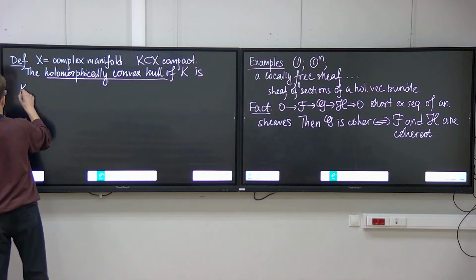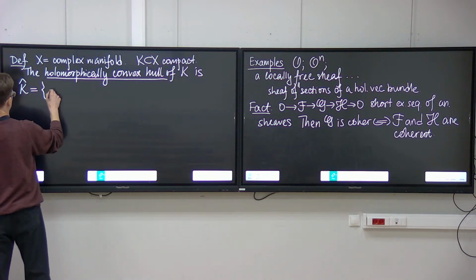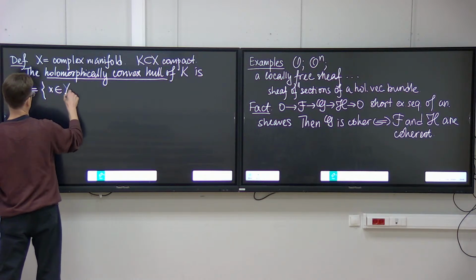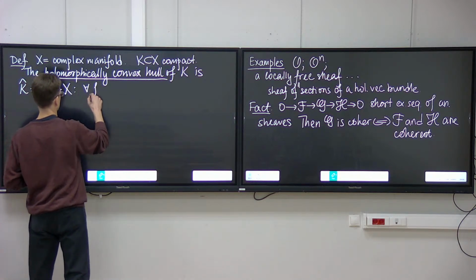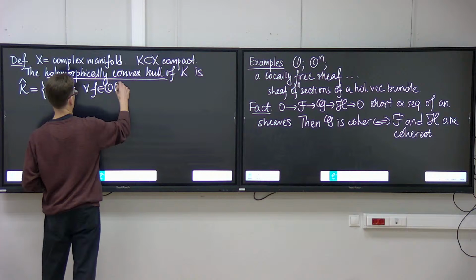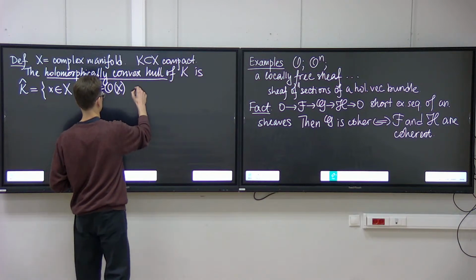This is a set K hat, which consists of those points x in our manifold X, such that for every holomorphic function f on X, the following inequality holds.